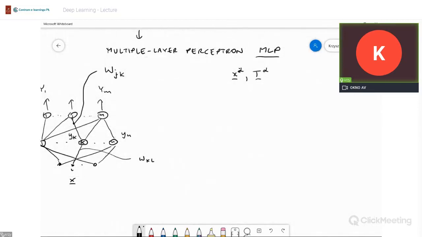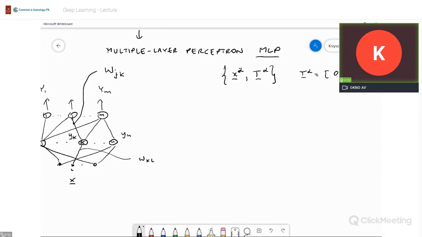T alpha is a vector of labels that I expect. For example, this will be 0, 1, and so forth, and 1. It will have M elements because I have M outputs. So the examples will involve, in general, input vectors and target labels.